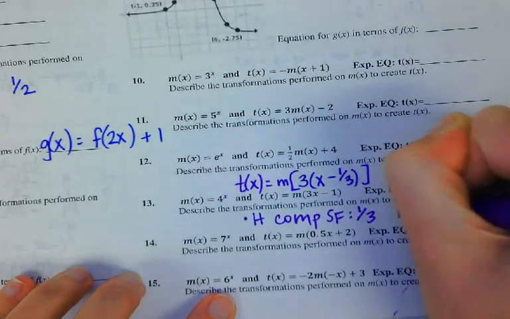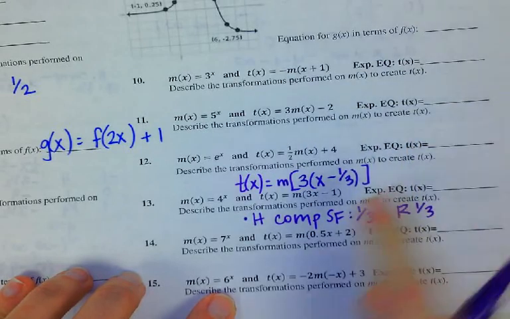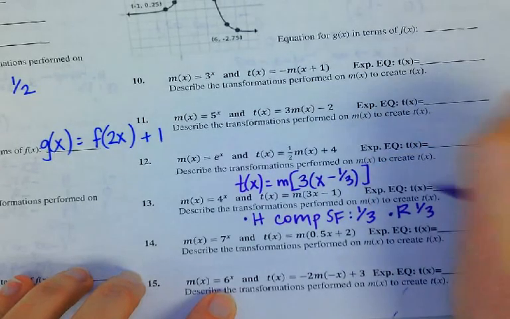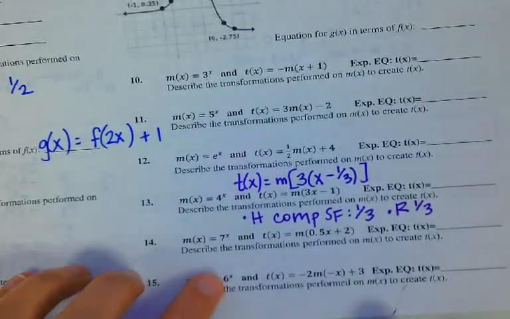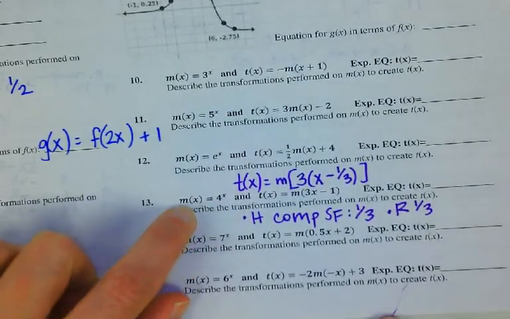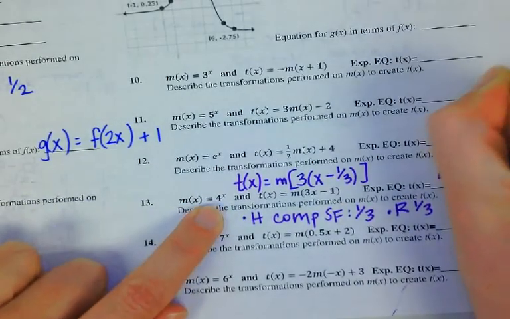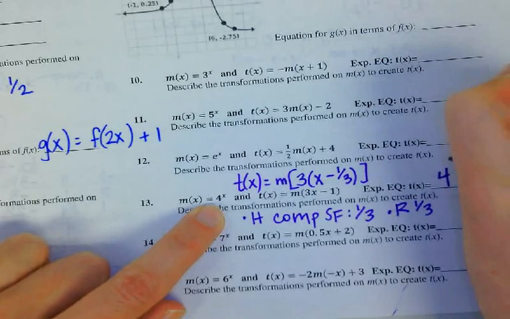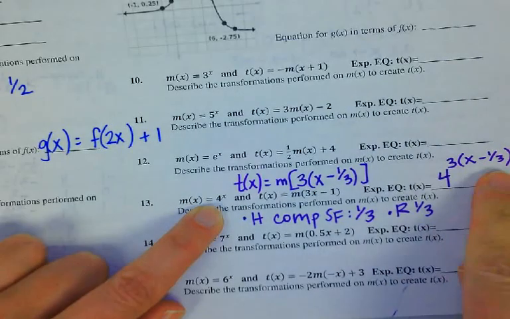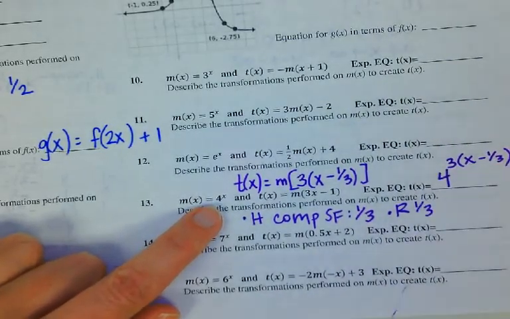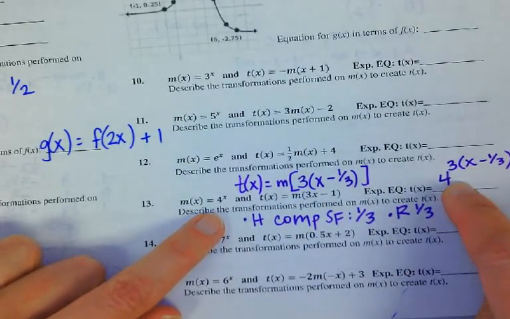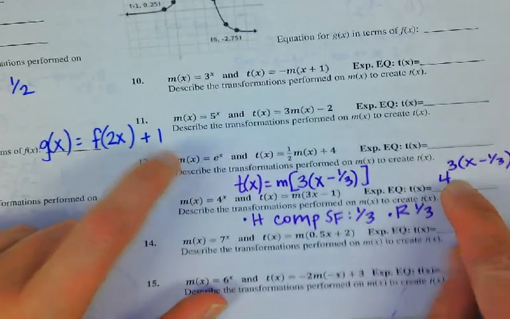And then I'm also shifting the graph right, but only by a third once I divide that 3 out. So if I wanted to actually change it back to exponential form, I would use the base that m had, so it would still be the base of 4. And then to show these changes, that's all part of the exponent. You could leave it factored like this, or you could technically multiply it back, but now I changed it from function notation to equation. Let's do 12 right above it, and then that'll be it.